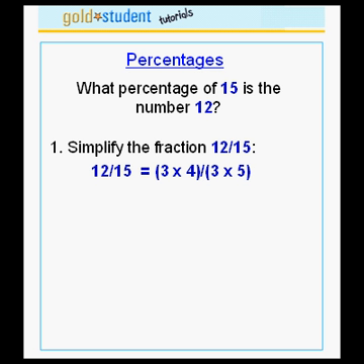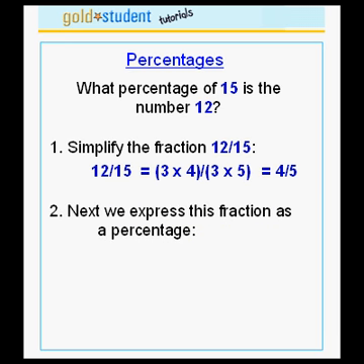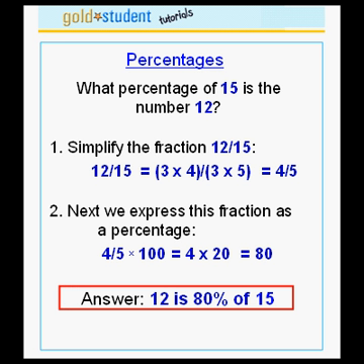Canceling the common factor of 3, this can be written as the ratio 4 over 5. Now, we want to express the fraction 4 over 5 as a percentage. 4 over 5 times 100 equals 4 times 20, dividing the 5 into the 100, which is equal to 80. Therefore, 12 is 80% of 15.